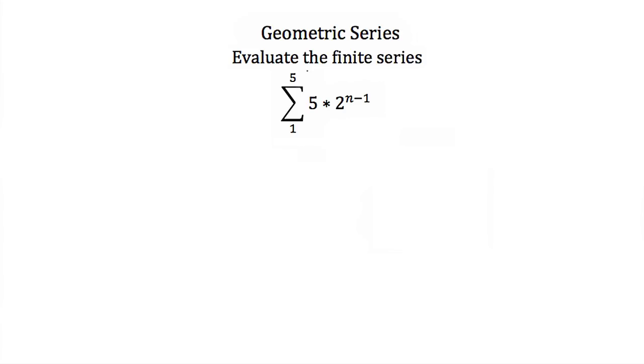So here we're given a geometric series written in summation notation. So how do we evaluate this? Well, if we have the summation of 5 times 2 to the n minus 1, when n is 1 to 5, then we would just plug in all the integer values for n between 1 and 5.